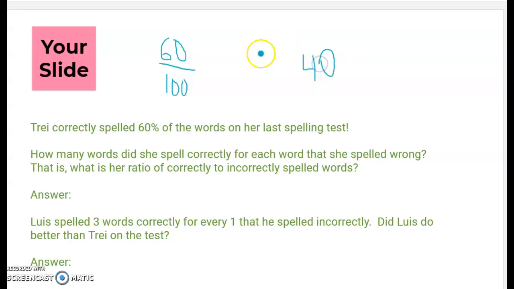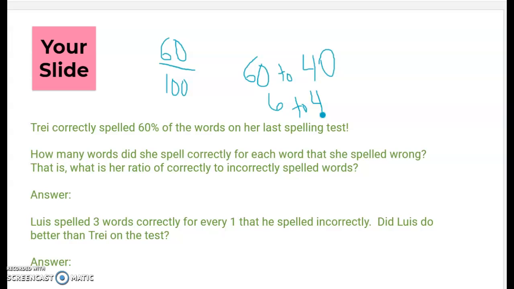So our ratio would look 60 to 40. And if you wanted to simplify that, it could be 6, terrible at writing on Jamboard, to 4. So that gives you an idea of how to write that first one out.